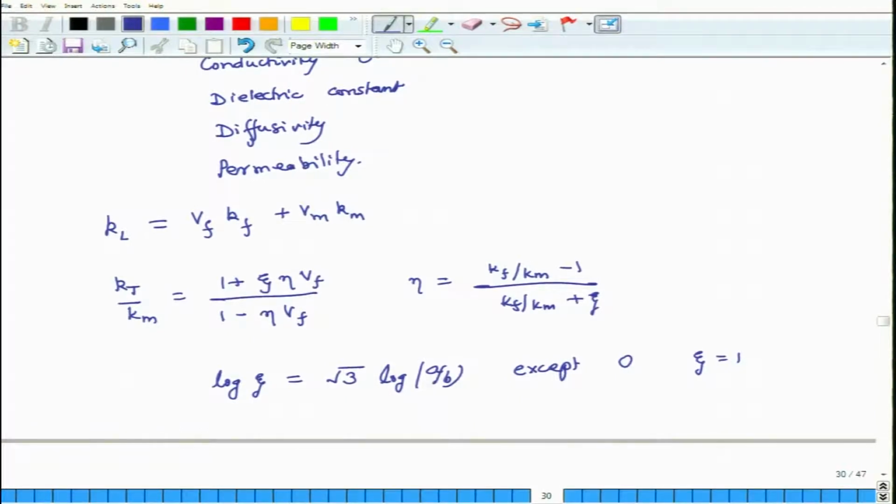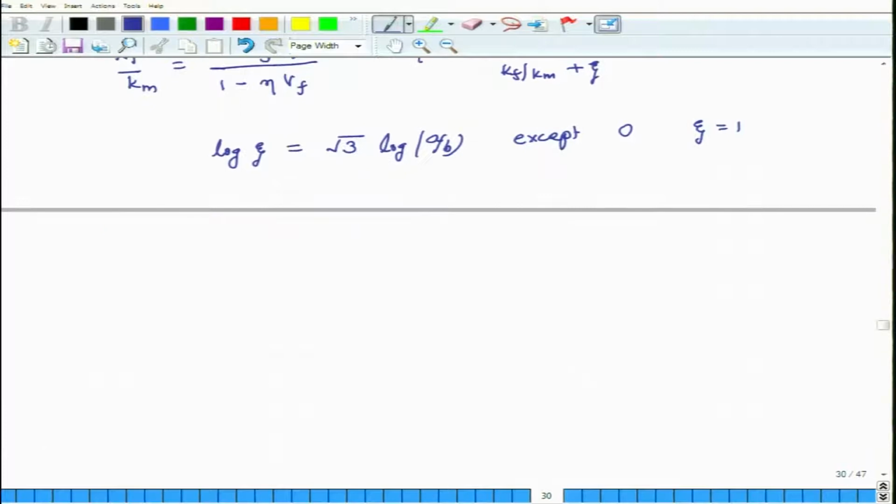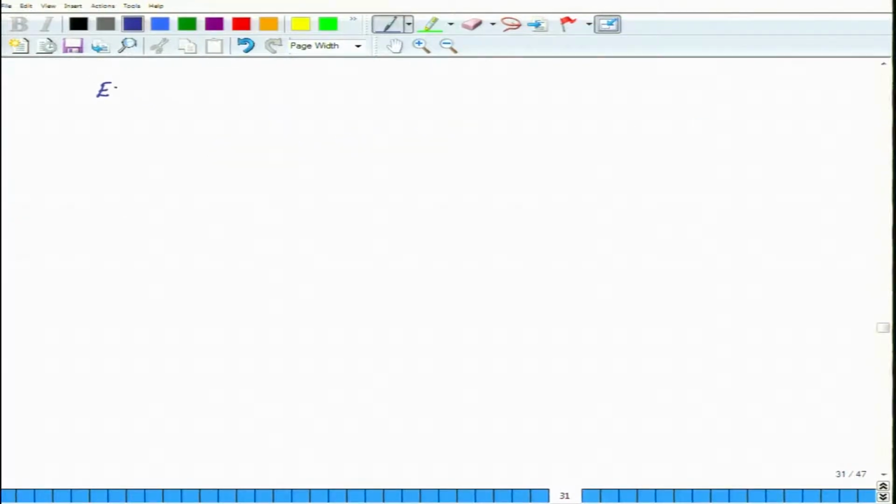So, if the fiber is non-circular, then we use this relation. We will do an example. Let us say I have a fiber system, and let us say we are talking about graphite fibers.